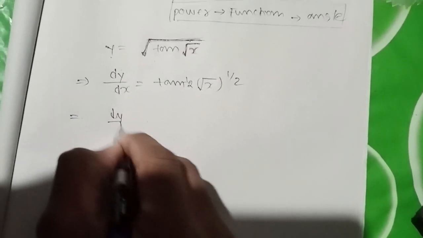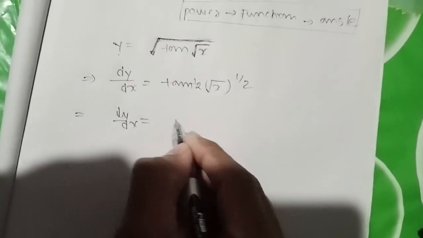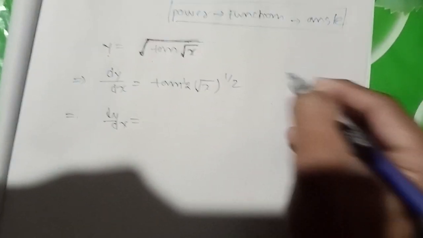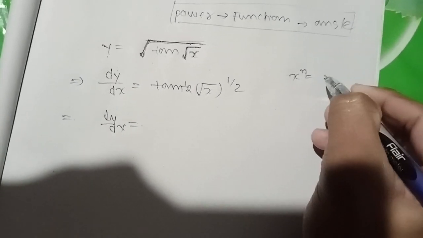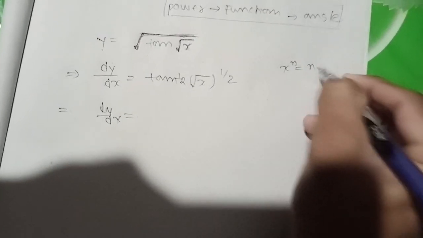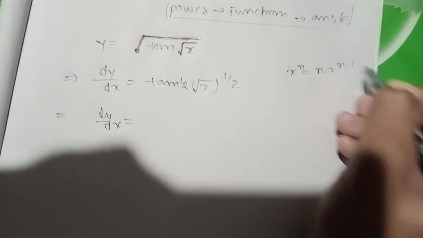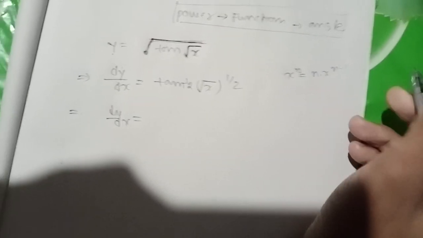dy by dx is equal to, we already studied that this is the power. This power comes in front of the function and 1 is subtracted from this power.